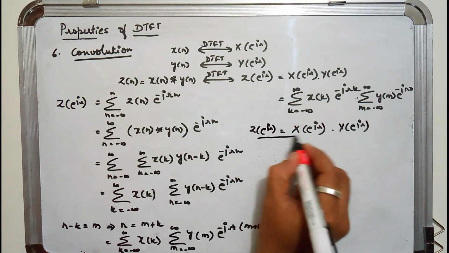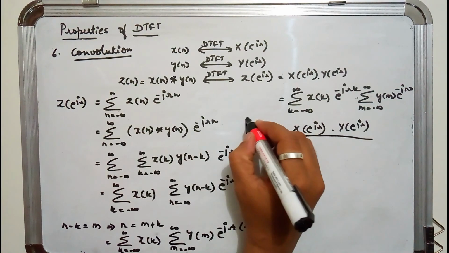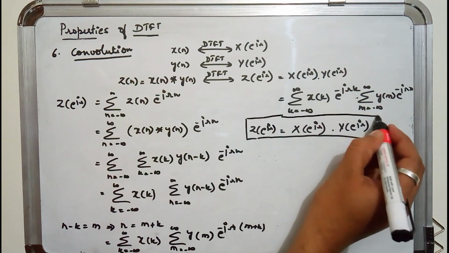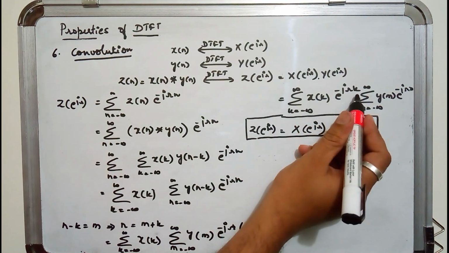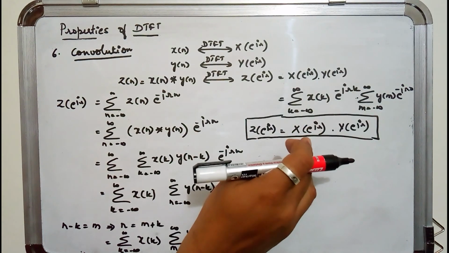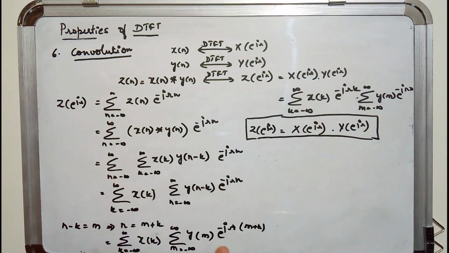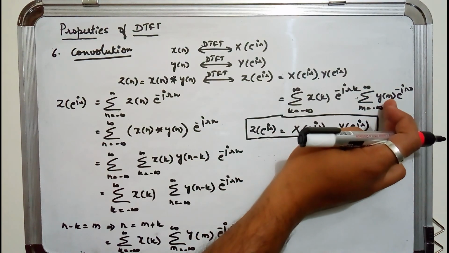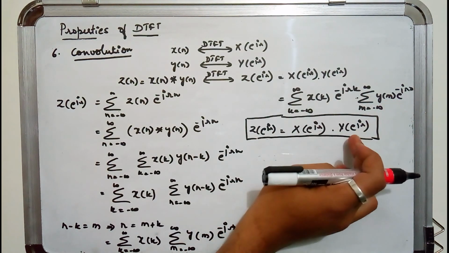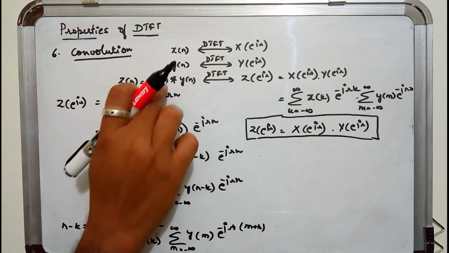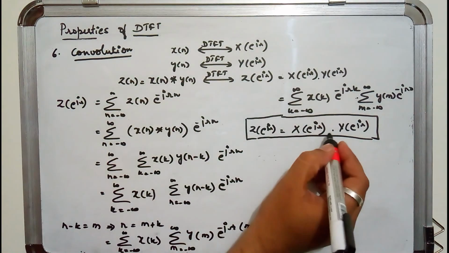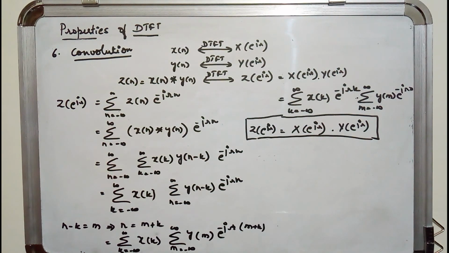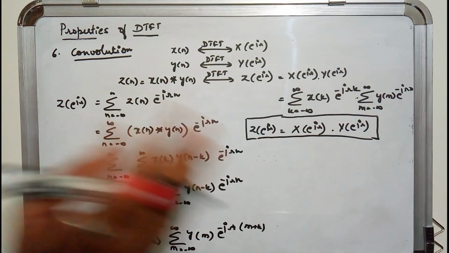That means x of k e power minus j omega k is nothing but the discrete time Fourier transform of x of n, where n is replaced by k, that's it. And here also n is replaced by m. So the convolution in time domain got converted into multiplication in frequency domain. This is multiplication, not again convolution. So it is multiplication in frequency domain.